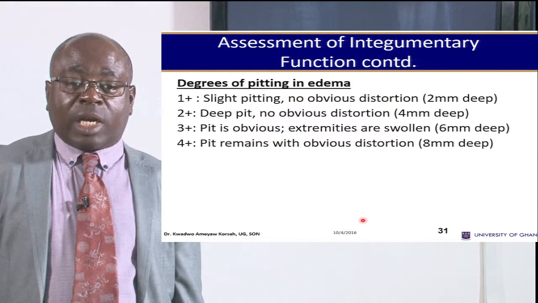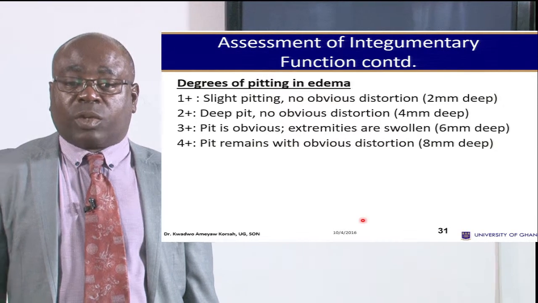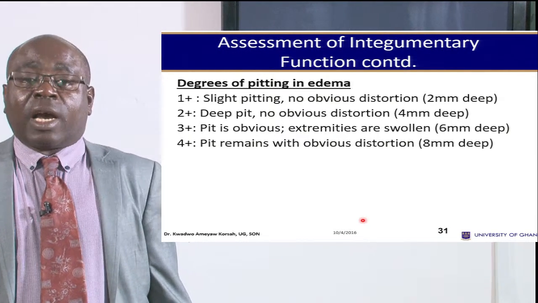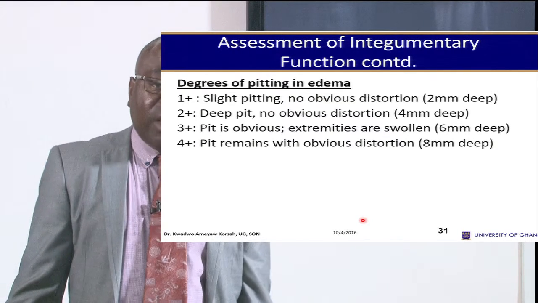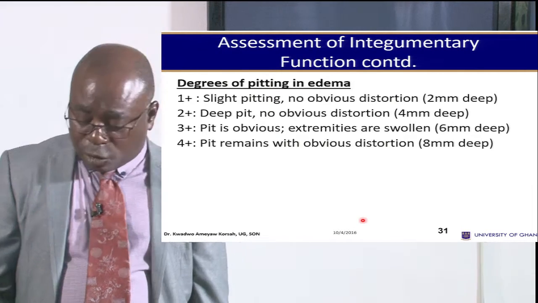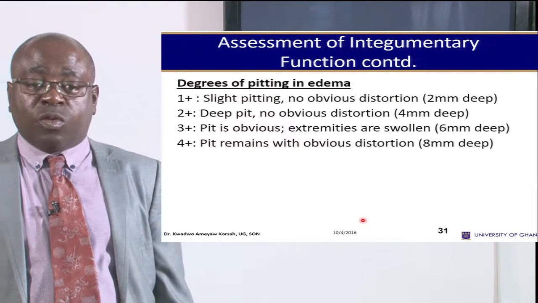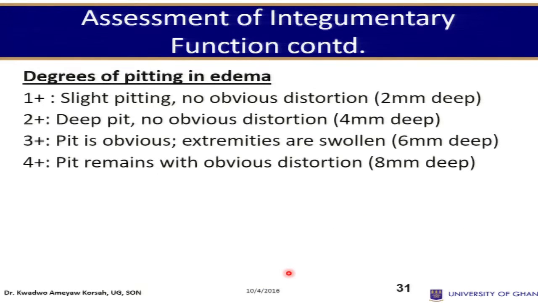Where we have 2+, it is a deeper pit, no obvious distortion, about 4 mm. And in assessment in NES 231, you have done all these things. You already know how to identify 1+, 2+, 3+, and 4+, whereby you get a ruler and a thread to measure the pit after palpation.